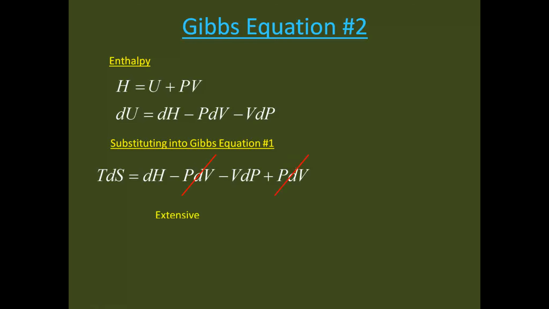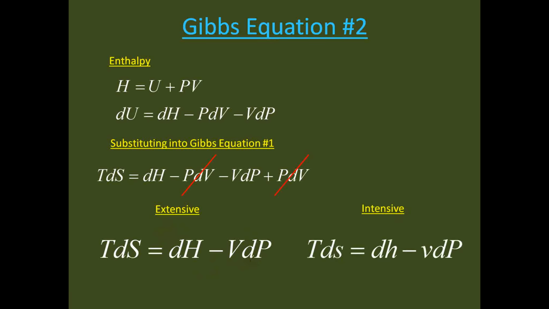And Gibbs equation 1 will simplify down to temperature times the change in entropy is equal to differential enthalpy minus volume times the change in pressure. Or in intensive form, it's just divided by mass, and we get the specific properties. Both of these equations are Gibbs equation 2.